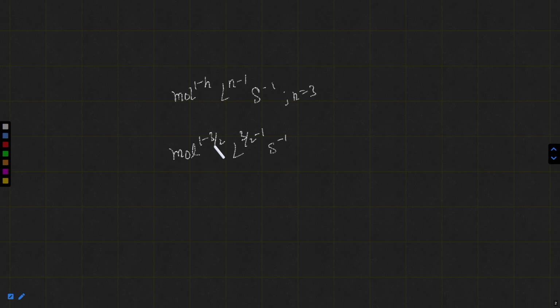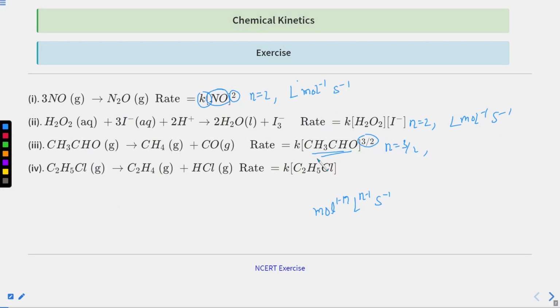If you just subtract it, this will give you mole to the minus 1 by 2, liter to the plus 1 by 2, and per second. Is it correct? 1 minus 3 by 2 is 1 by 2, but since 3 by 2 is greater, we'll take a negative sign. Similarly for liter, and then per second. So this is your answer: liter^(1/2) mole^(-1/2) per second.